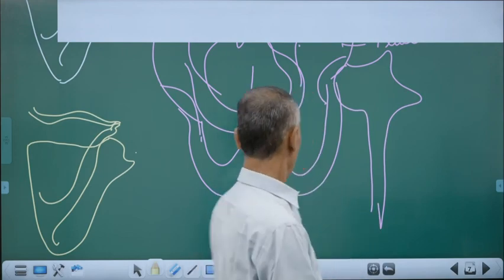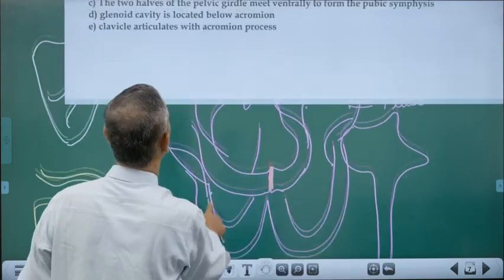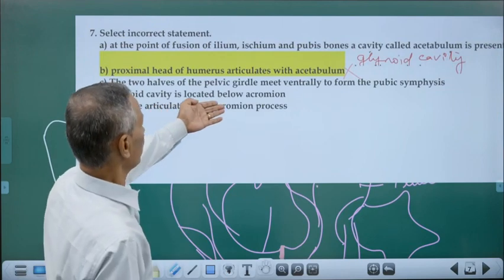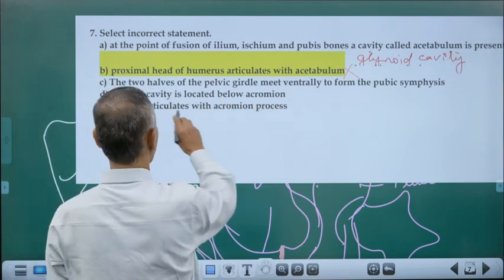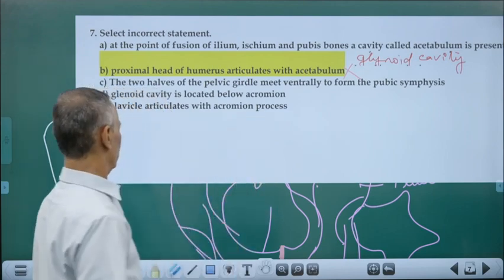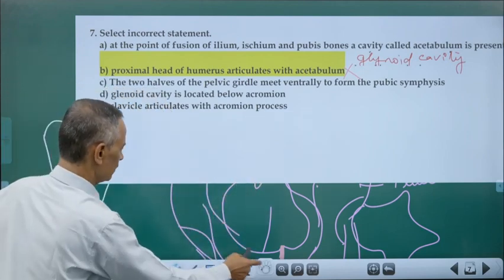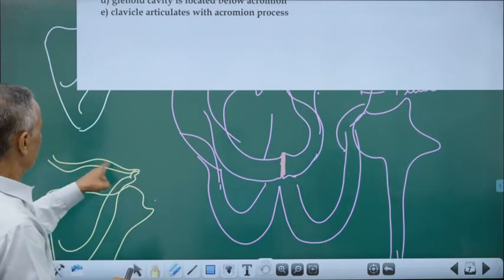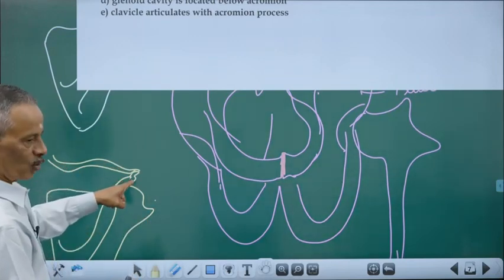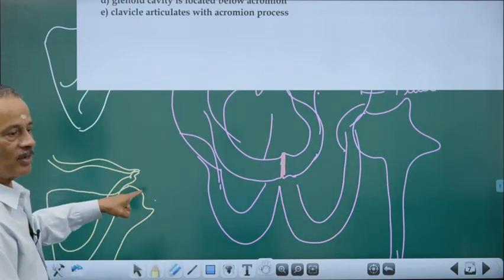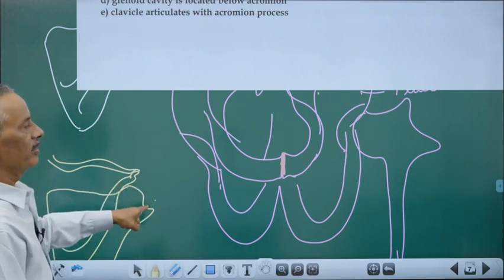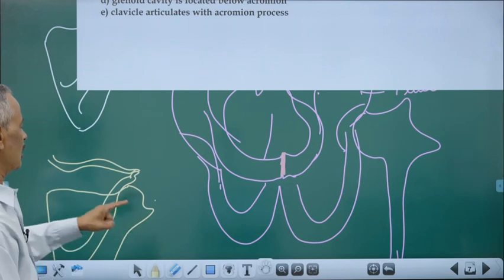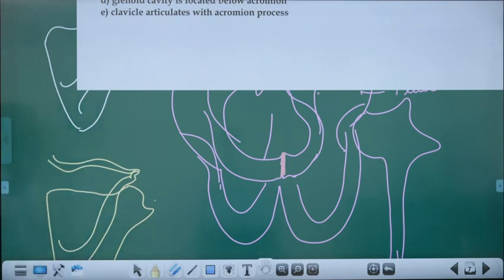Clear? So, glenoid cavity is located below acromion. Correct. Clavicle articulates with acromion process. Again, correct. Acromion is the flat part at which the spine will be ending, and the glenoid cavity is lying just below. Clear?